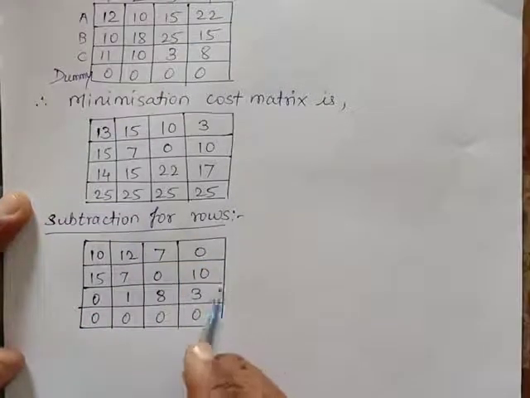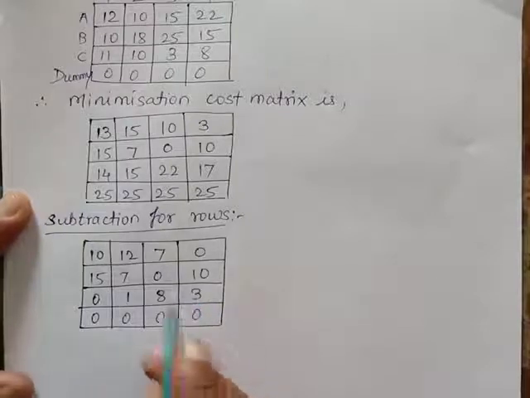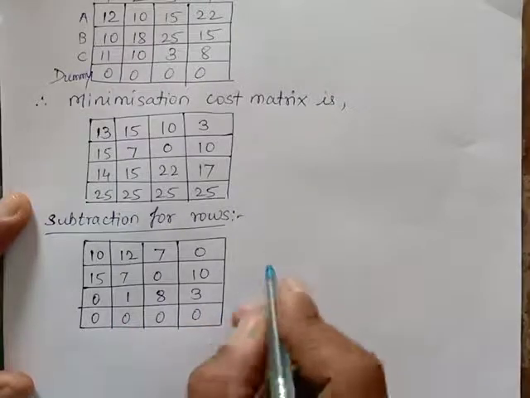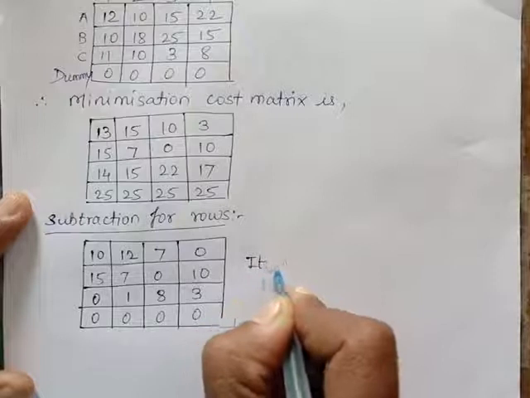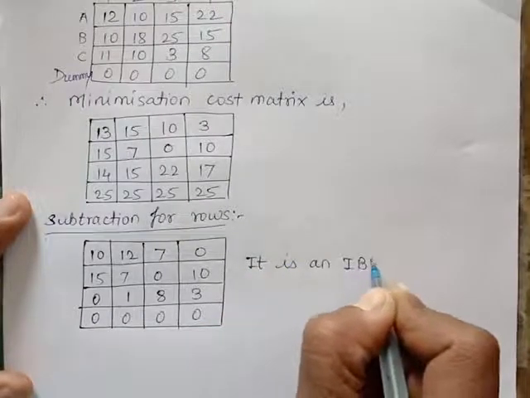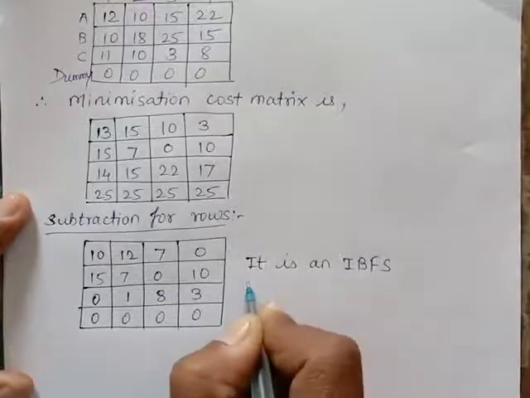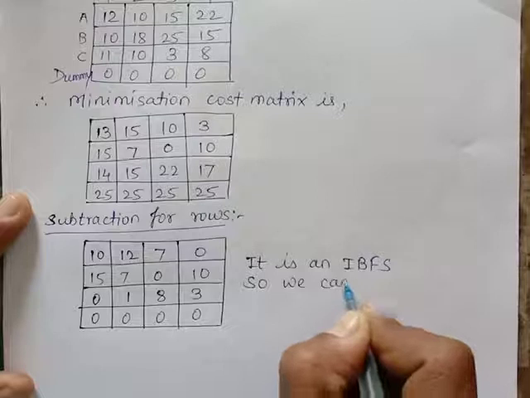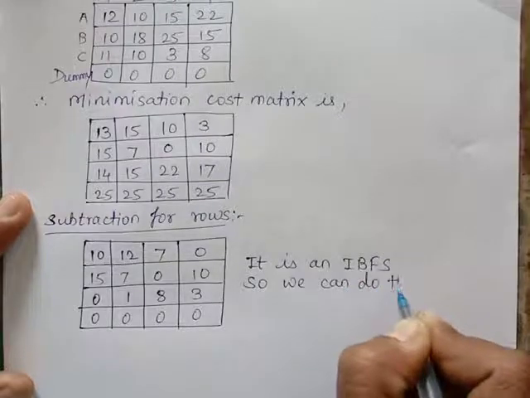Now let's do the assignment here, as this is an initial basic feasible solution, as each column and each row has a 0. So we can do the assignments.